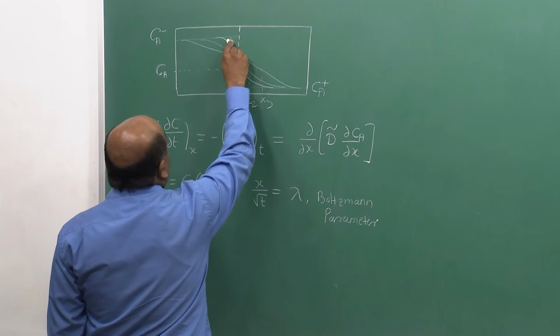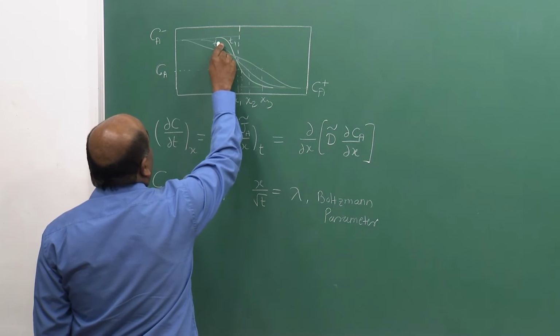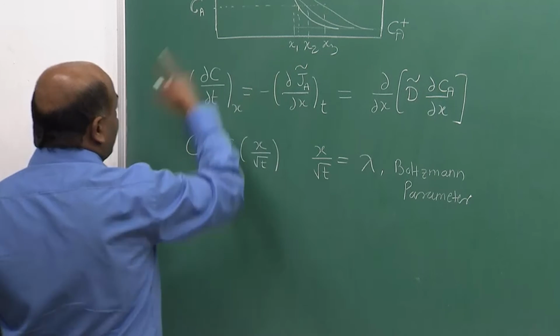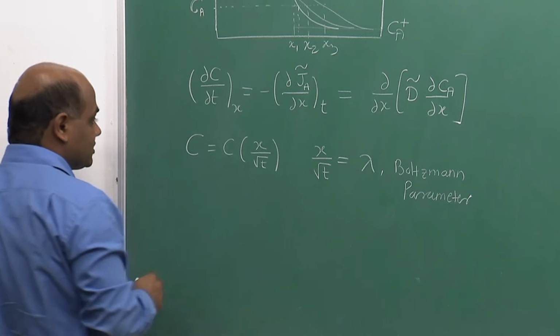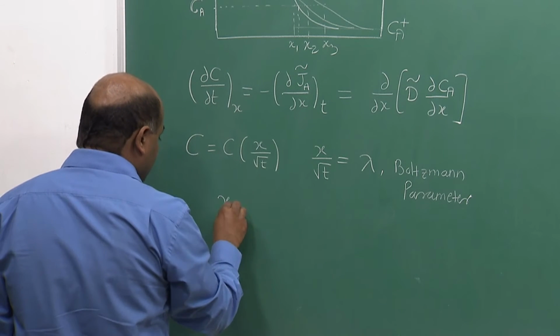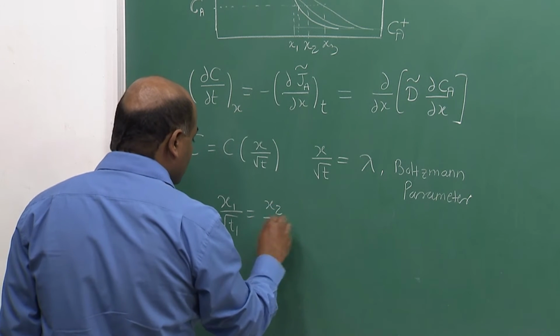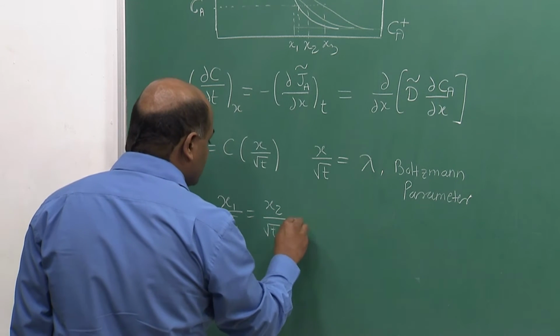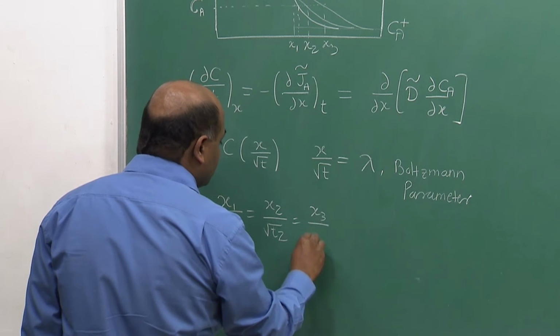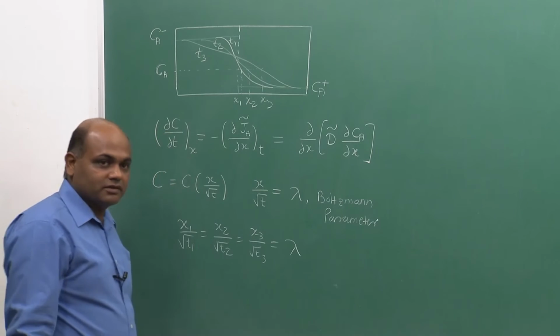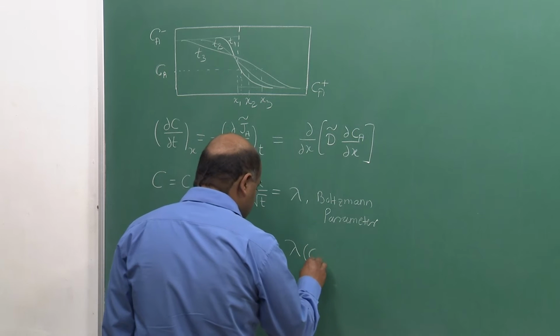The 3 times we call T1, T2 and T3. Lambda is constant for a given composition. So, we can write x1 over root T1 equal to x2 over root T2 equal to x3 over root T3 should be equal to constant lambda, and lambda is a function of C.